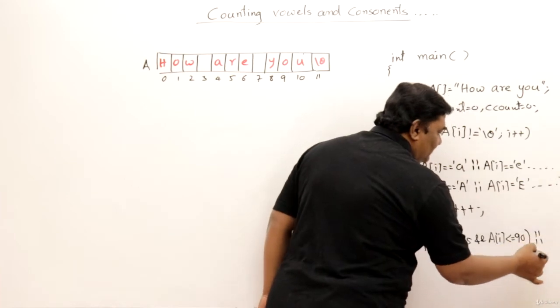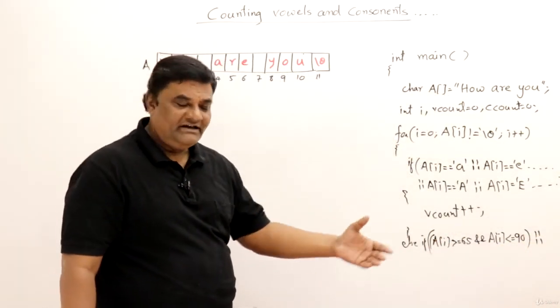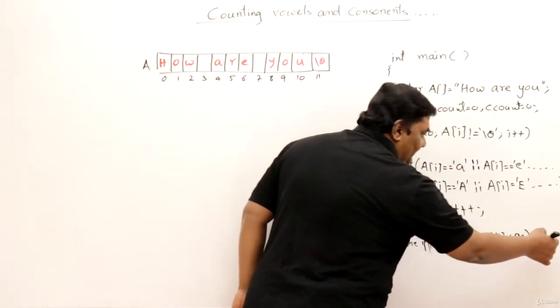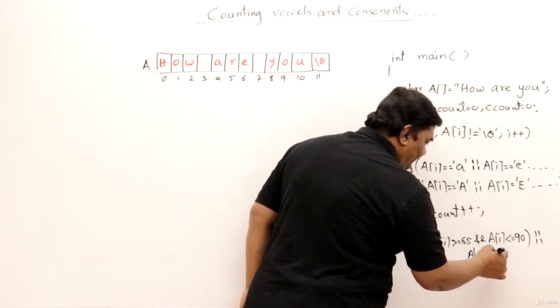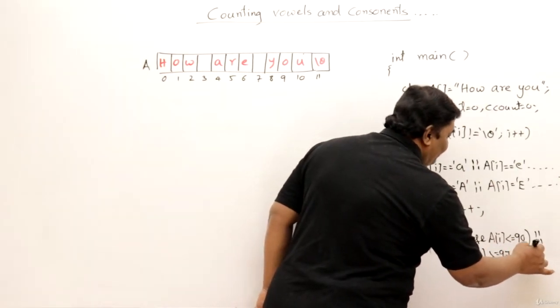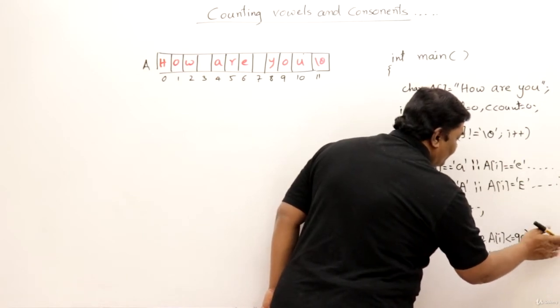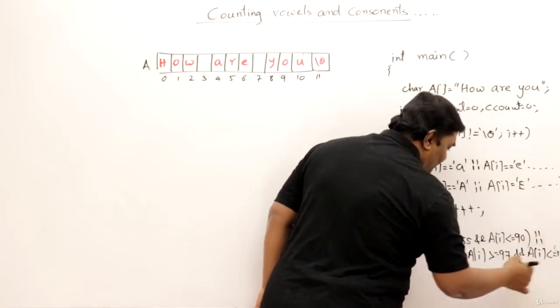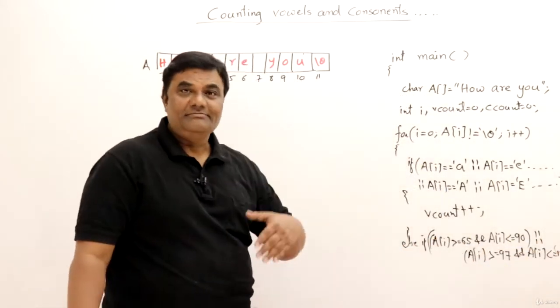This is for capital letters, or it should be in lowercase. So again I continue here: a of i should be greater than or equal to 97 and a of i should be less than or equal to 122. So if it is within this range, that is either lowercase or uppercase.